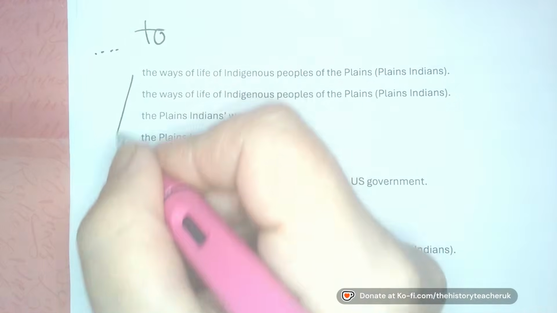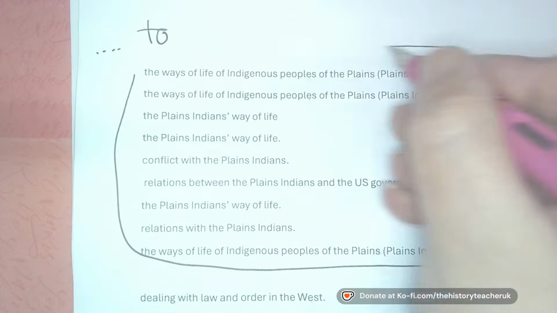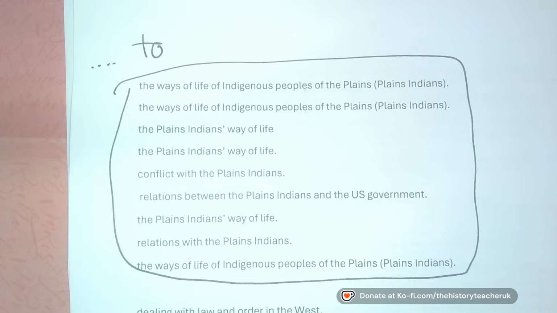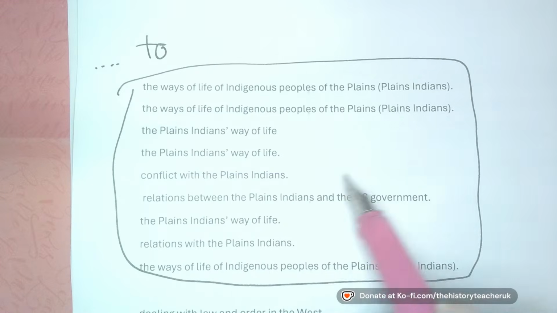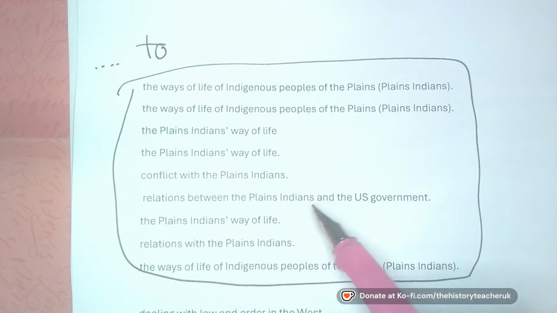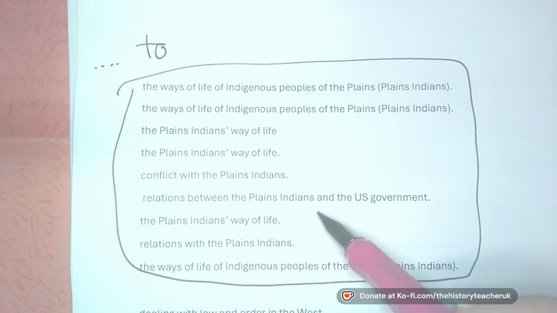That's all of those have all come up. Okay, I would put them all together and say that that is something that you could revise. So you could say, right, I've had a look at the way that the indigenous people's lives have changed over that period, over our revision period.